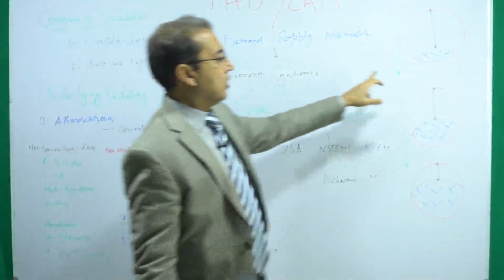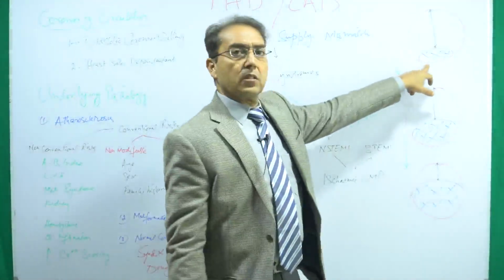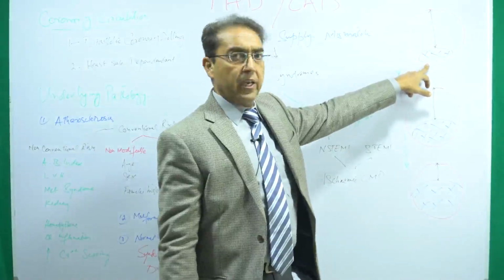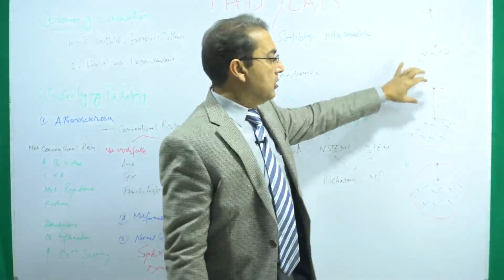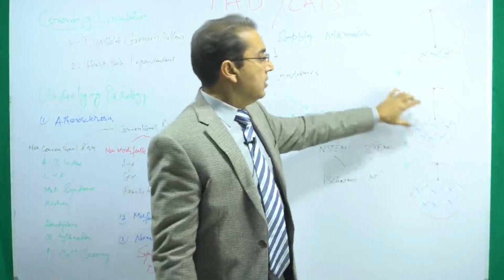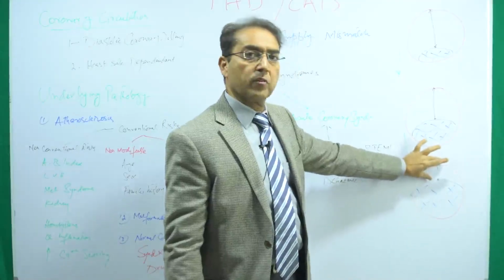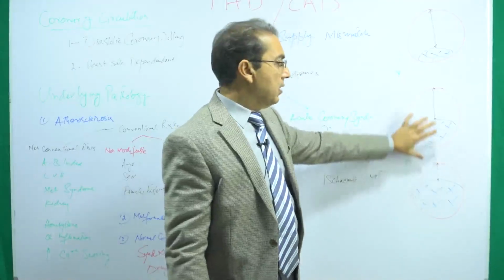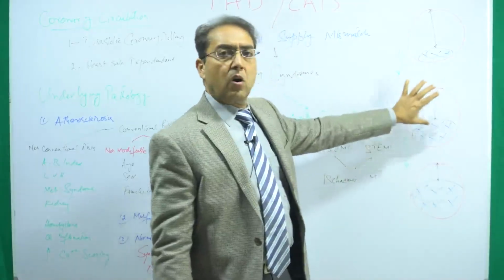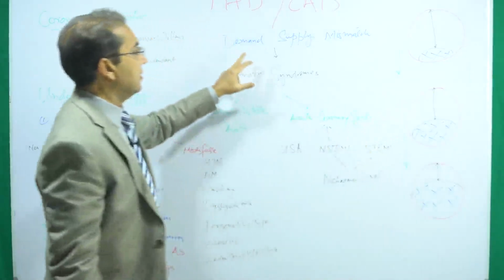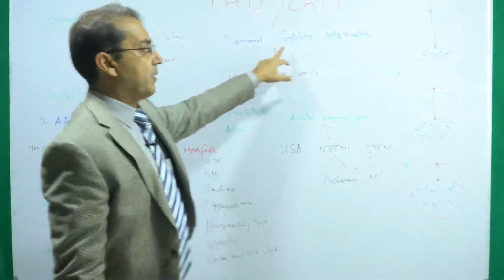What happens in atherosclerosis? The lipids start depositing in the intima of the coronary arteries, and with advancing age, this deposition increases and ultimately starts compromising the lumen of the coronary arteries. When the occlusion exceeds a certain critical point, the patient starts having symptoms of demand and supply mismatch.